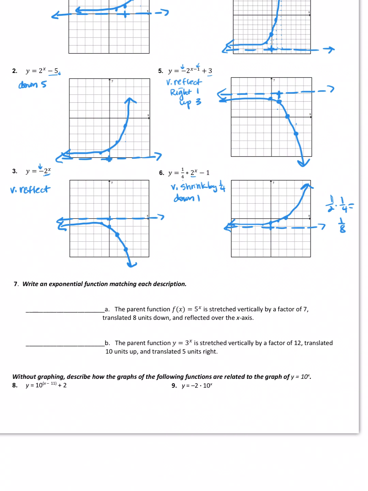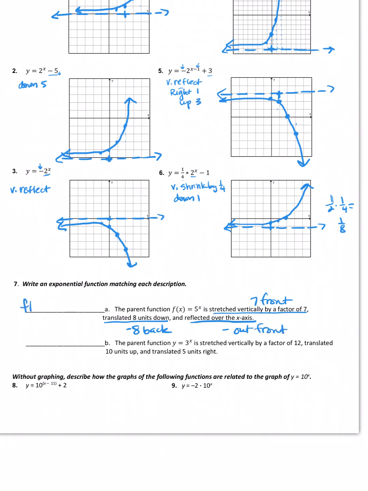Now look, parent function of 5 to the x, vertically stretched by a factor of 7. That means the 7 out front. Translated down 8 units, so a -8 in the back of my equation. Reflected over the x-axis means that there's a negative out front. All right, so let's write our equation.